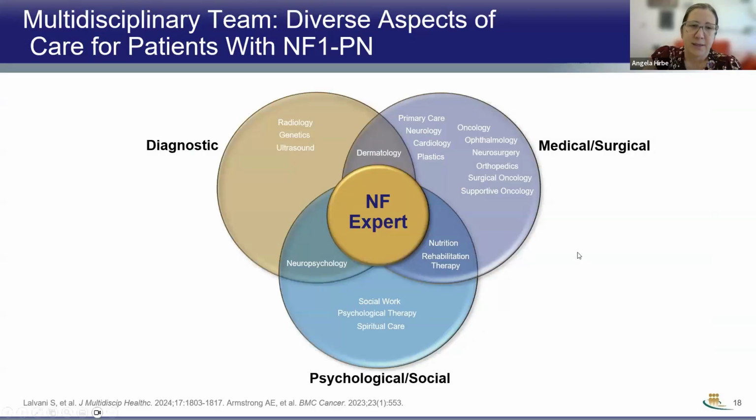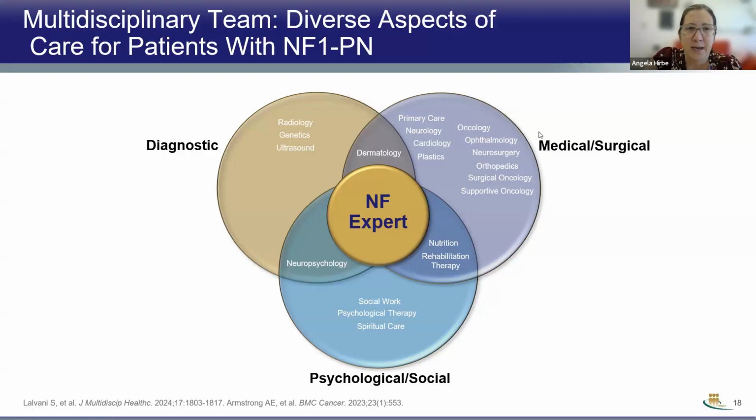For these patients, it's very important to have an NF1 expert leading the therapy. I like this Venn diagram because it shows just how many different physicians might be involved in the care of these patients. And again, I think it's even more important to have somebody who's really driving things for any individual patient.